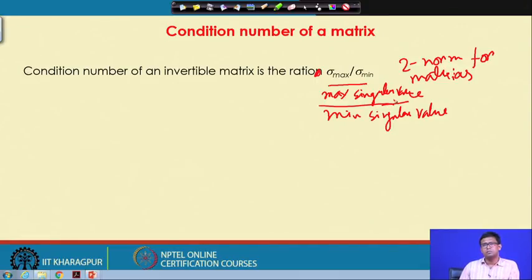So, that is one big importance of doing singular value decomposition. If we find the maximum and minimum singular values of any matrix A, their ratio is a good measure of the condition number, and it is actually the condition number defined using the second norm for the matrices.